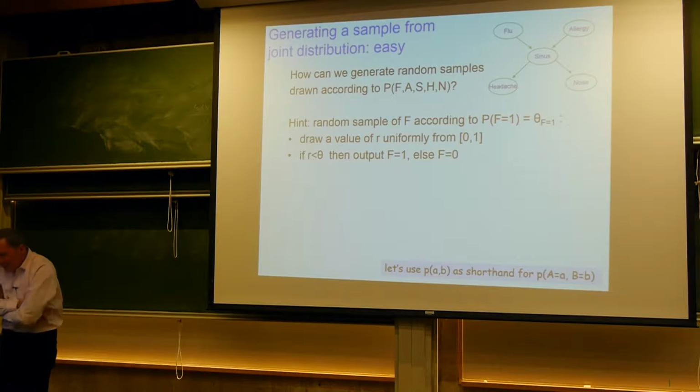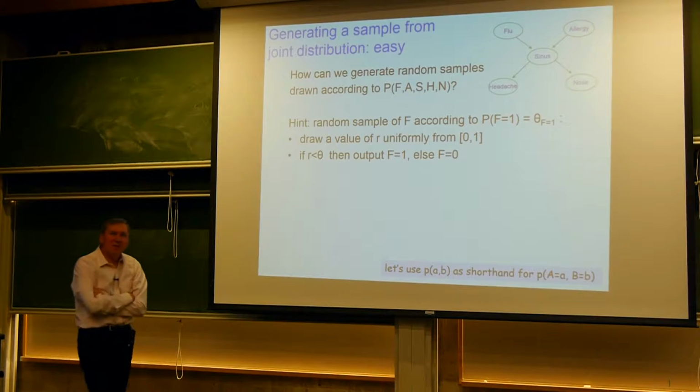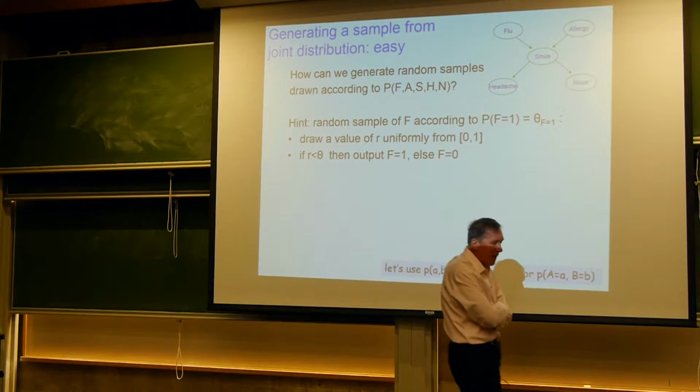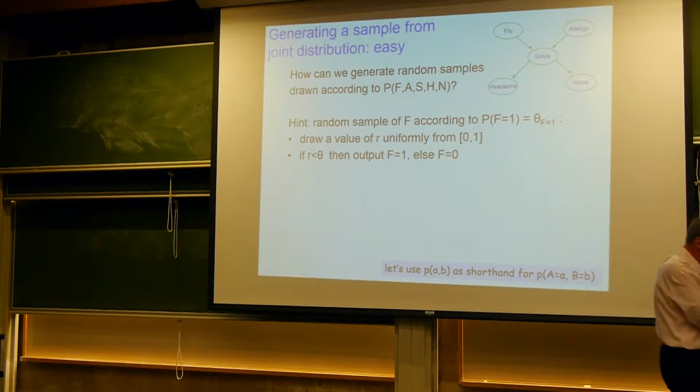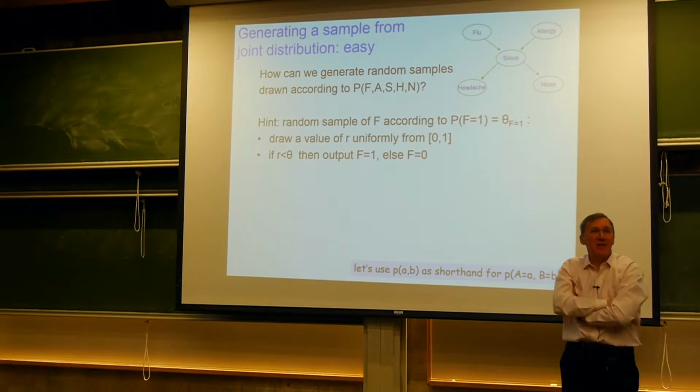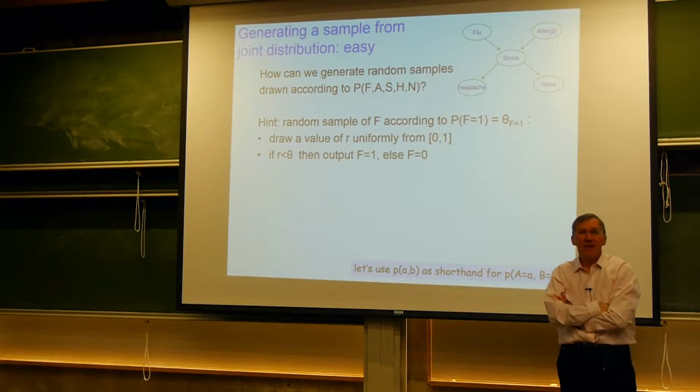Okay, so let's move on. I mentioned that one way in general to figure out any probability term is to sum over the right rows in the joint distribution.